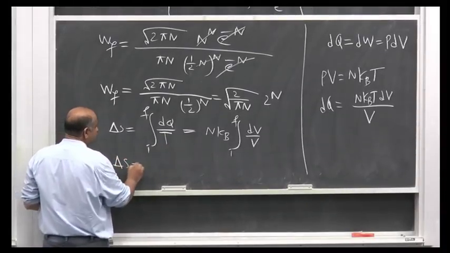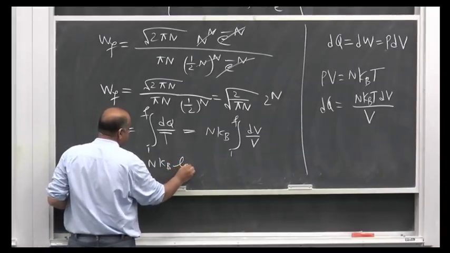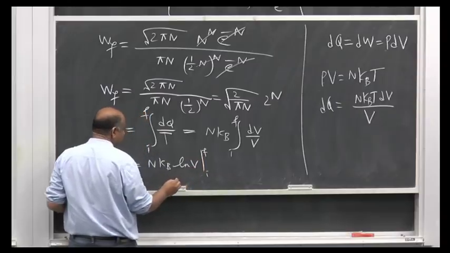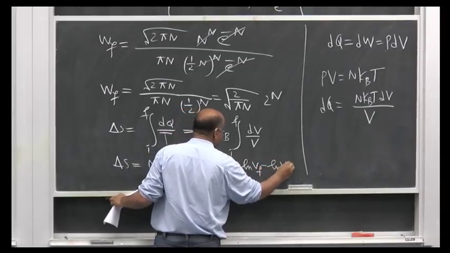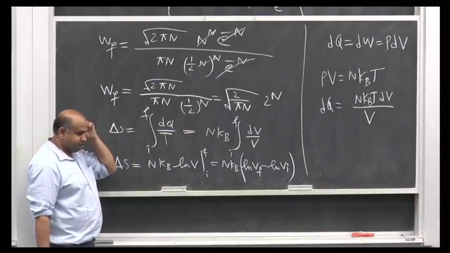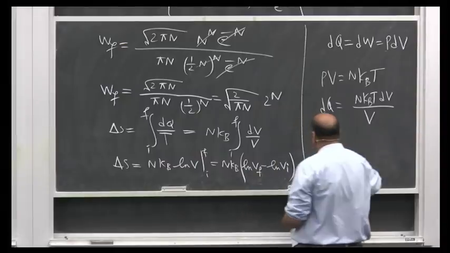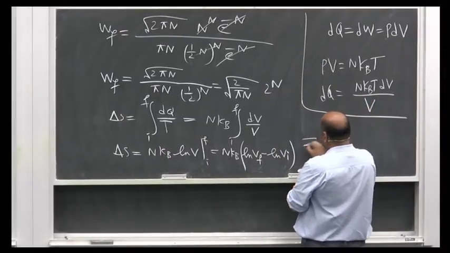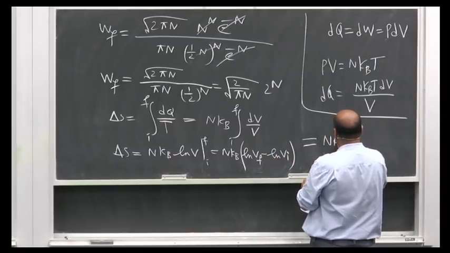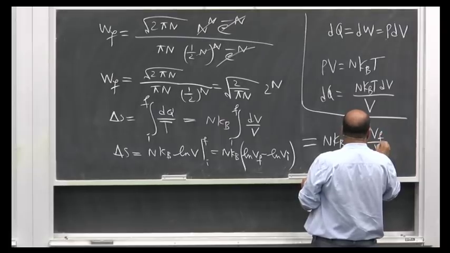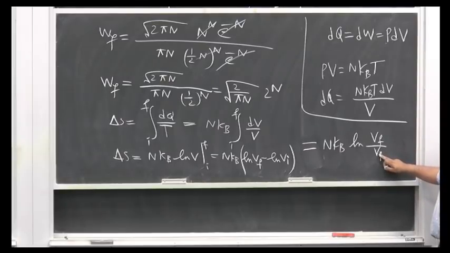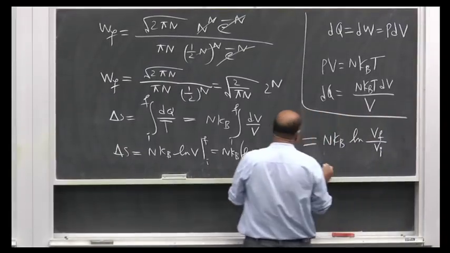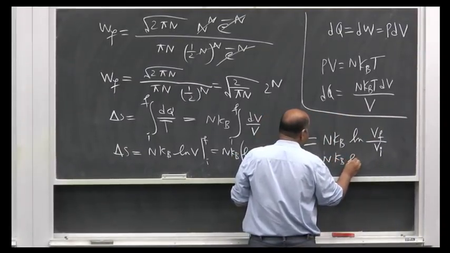So this is N kB log V from initial to final, which is N kB log VF minus log VI, which becomes N kB log of V final over V initial. The final volume is double the initial volume, because the gas was on the left side initially and finally on both sides. So this is log 2, and the change in entropy is N kB log 2.